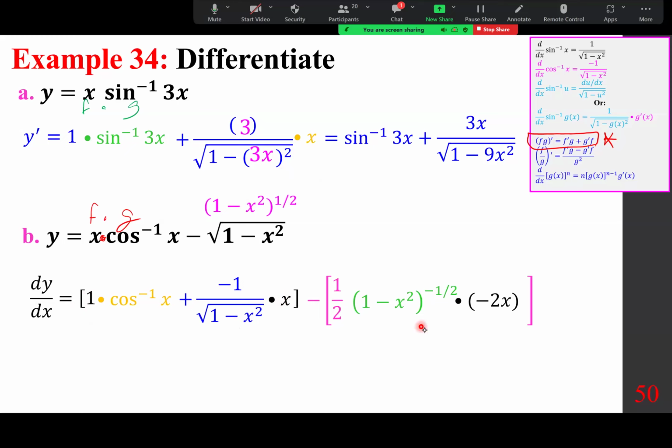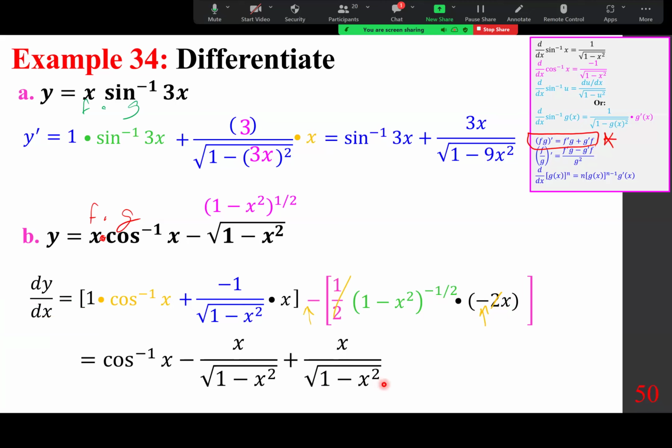Now, what is this? I hope you see that we have a plus sign here, and these two cancel each other. And what you're looking at is x over this thing to the power of 1/2. So x over the square root of 1 minus x squared.